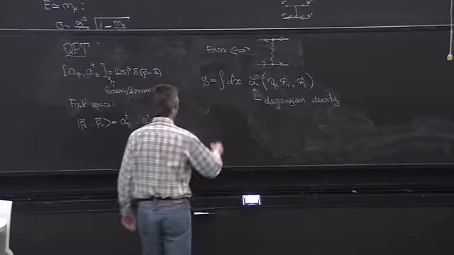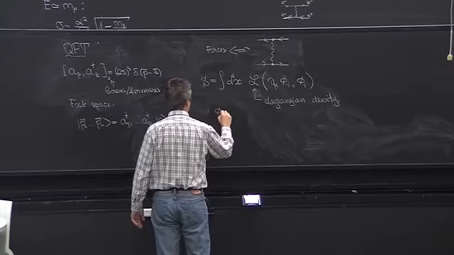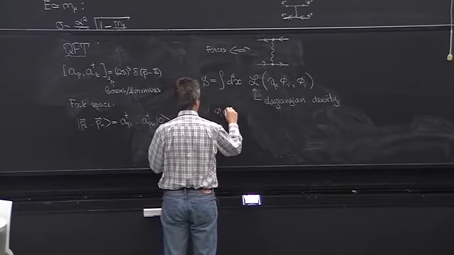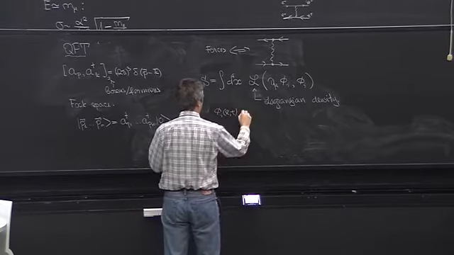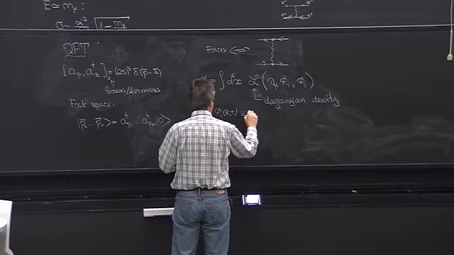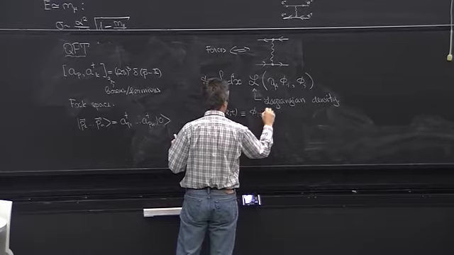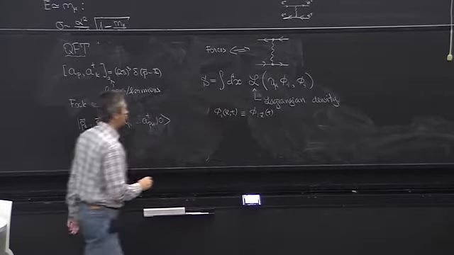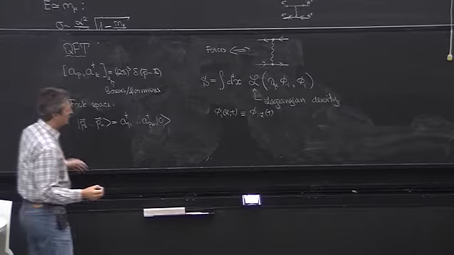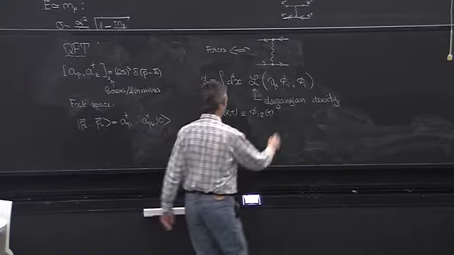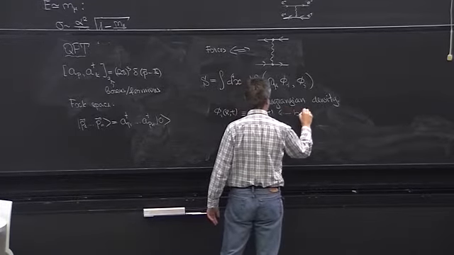So we just say that phi I of x and t, which we can write as phi I x of t. So x here is just a label, an index that parameterizes the degrees of freedom. So these are our basic dynamical variables.